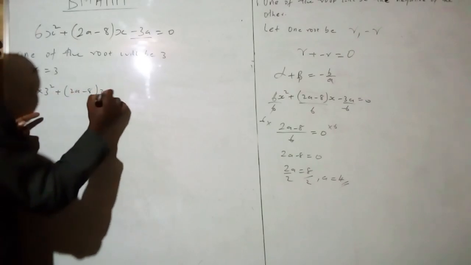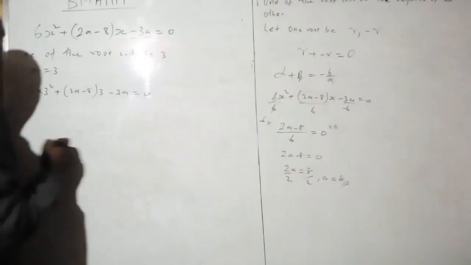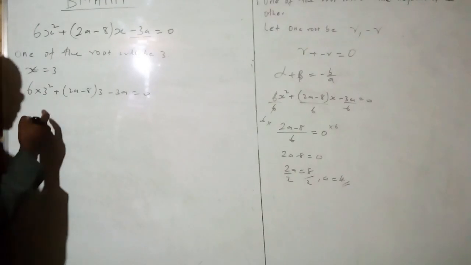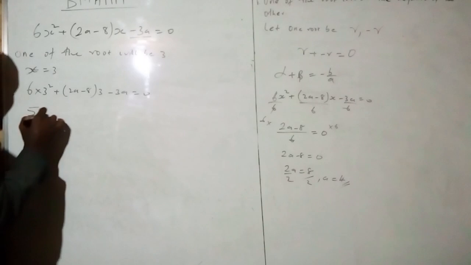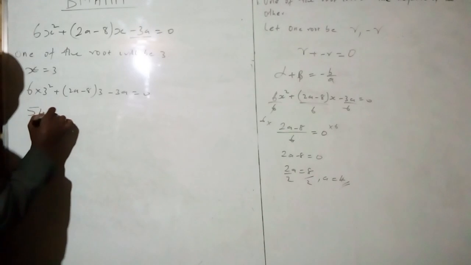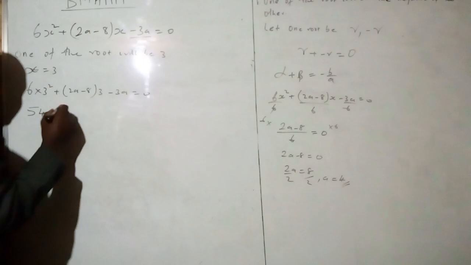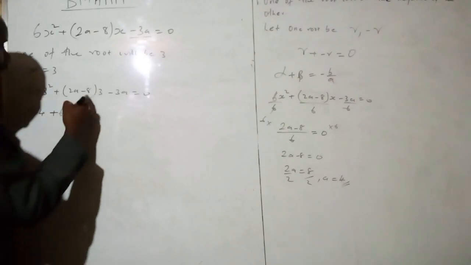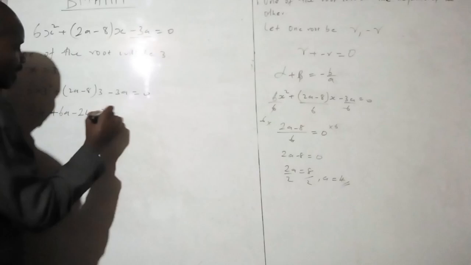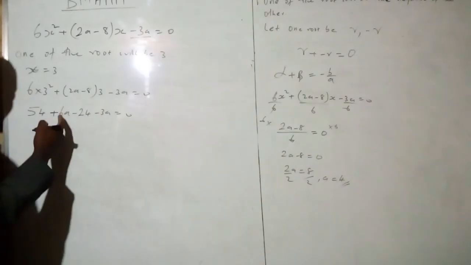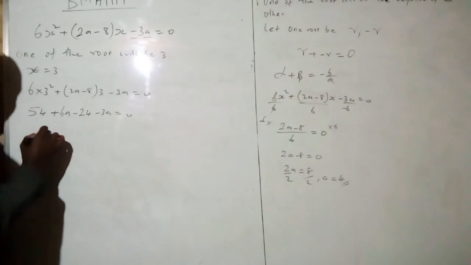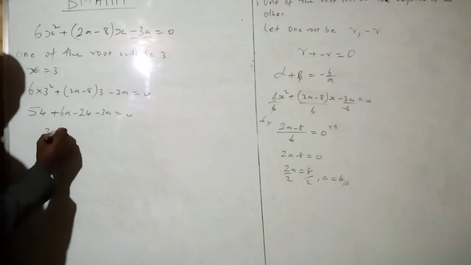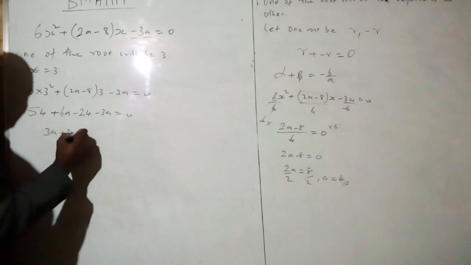3 squared is 9. 6 times 9 is 54. Then plus 3 times 2a is 6a, minus 8 times 3 is 24, minus 3a is equal to 0. Like terms, 6a minus 3a will be 3a. 54 minus 24 plus 3a is equal to 0. 54 minus 24 is 30.